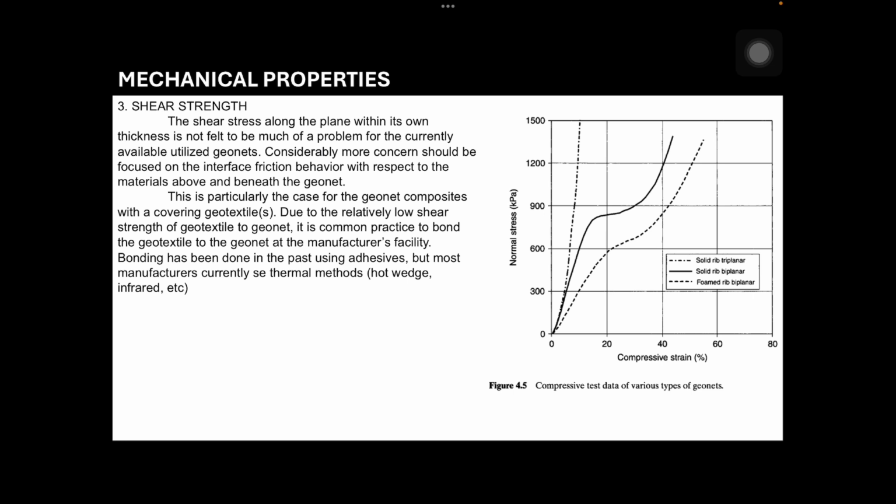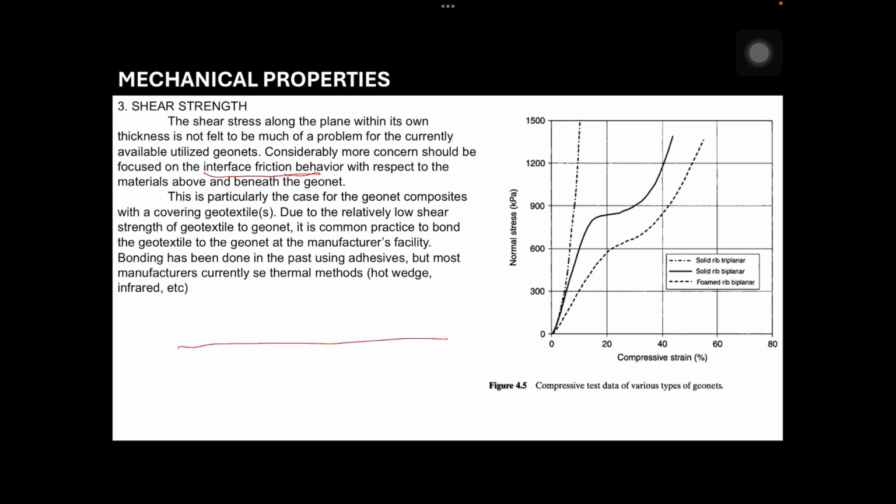So for shear strength, the shear stress along the plane within its own thickness is not much of a problem for the currently available utilized geonets. Considerably more concern should be focused on the interface friction behavior with respect to the materials above and beneath the geonet.